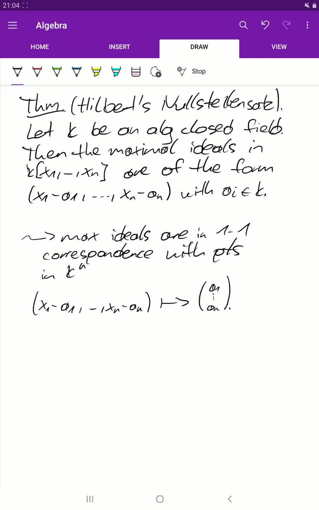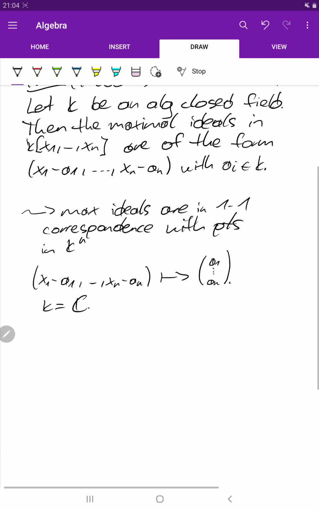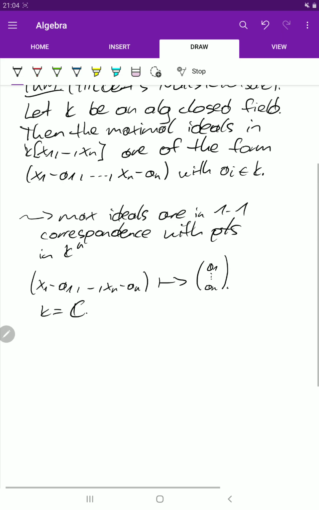So let's take K to be the complex numbers, and let's take a polynomial in two variables, x2 squared minus x1.